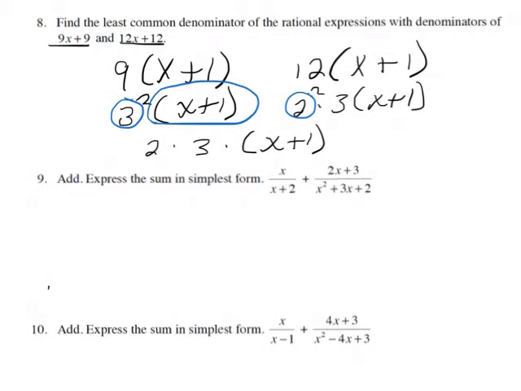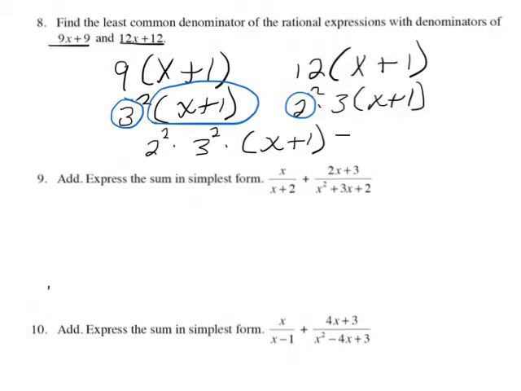How many 2's did I have? I had 2. Do I have any 2's over here? No, I don't. So I'm going to take 2 of them. How many 3's here? Sorry, I have 2 3's here and 1 3 here, so I'm going to take the most, which is 2. And how many x plus 1's here? 1. How many x plus 1's there? 1. So I'm going to take 1.